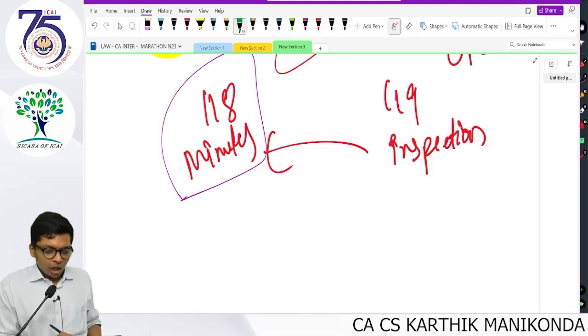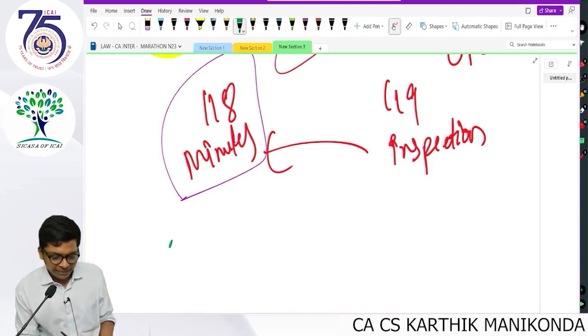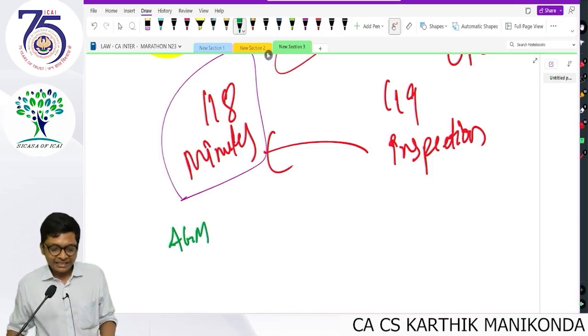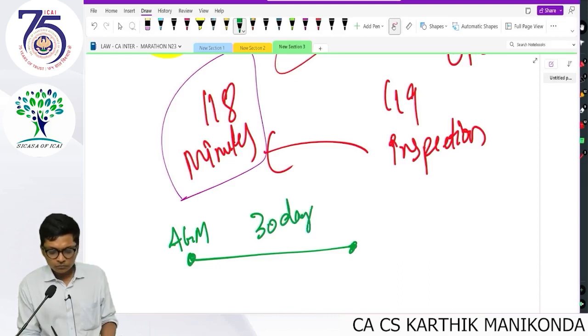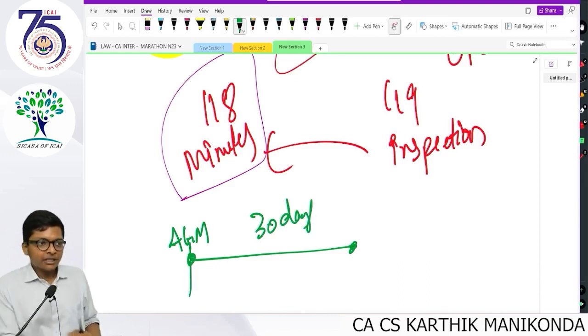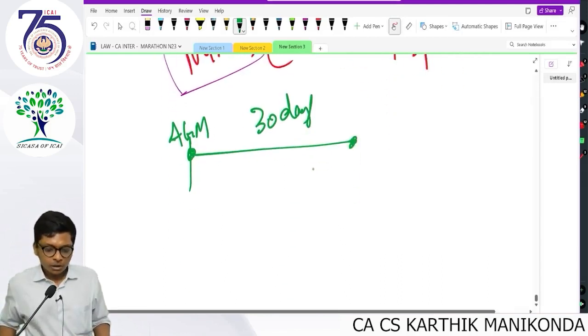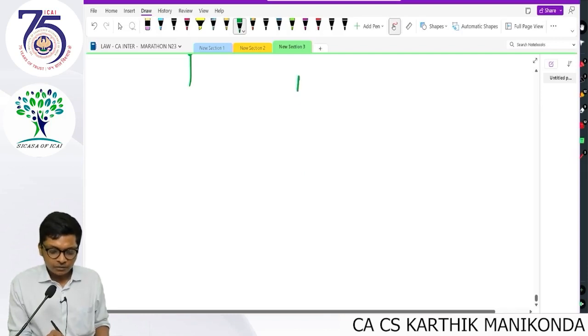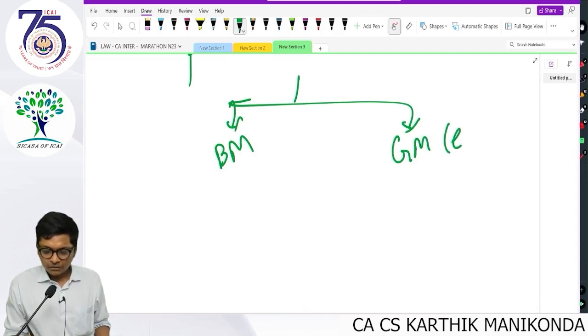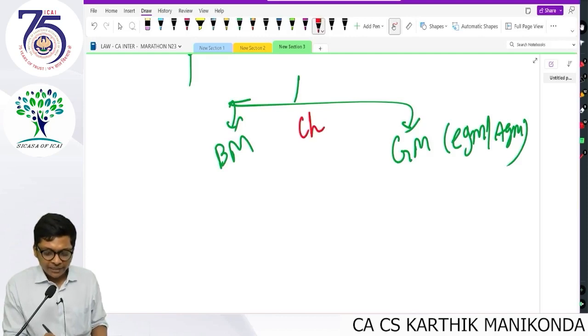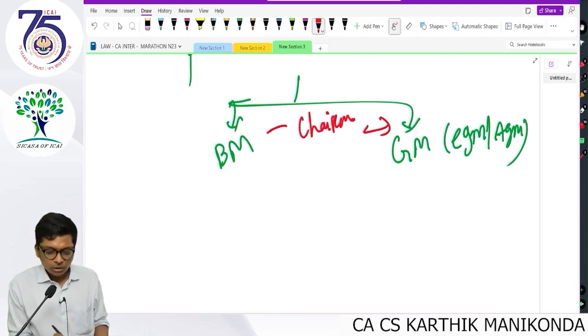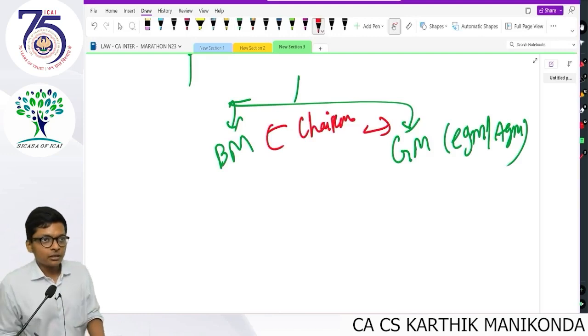Then after minutes are prepared, from the end of the AGM, within how many days should minutes be prepared and signed? From when the AGM is over, minutes should be prepared and signed by the chairman within the prescribed time. Now we have two types of meetings: board meeting and general meeting, which can be AGM or EGM. Both will be signed by the chairman. The meeting got over, sir, and next week the chairman died.